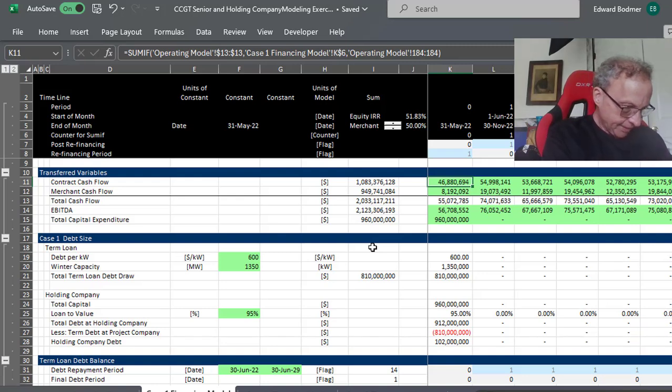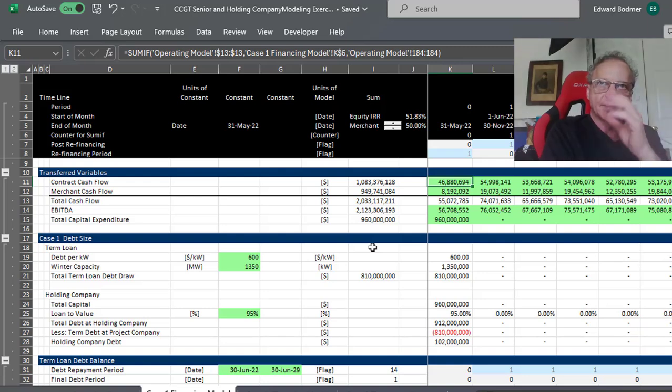Now, with all due respect to you, I think some of your assumptions could be revised a bit, and you could go through that. And then you can say, I'm going to show you how I do the flags and how I do some of these things. And then we'd have to arrive at the merchant cash flow.